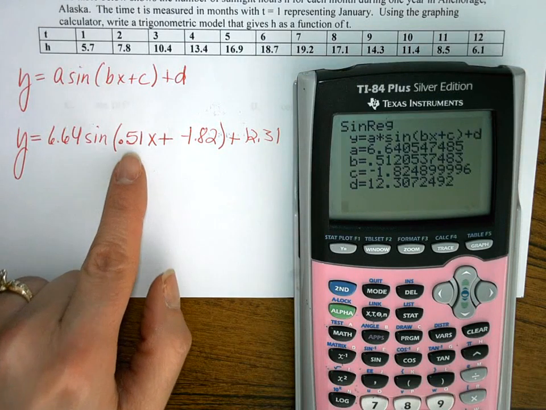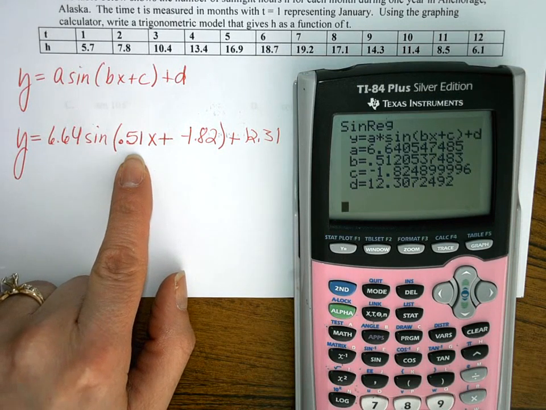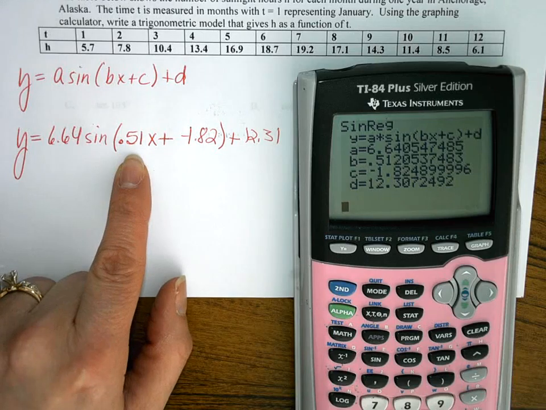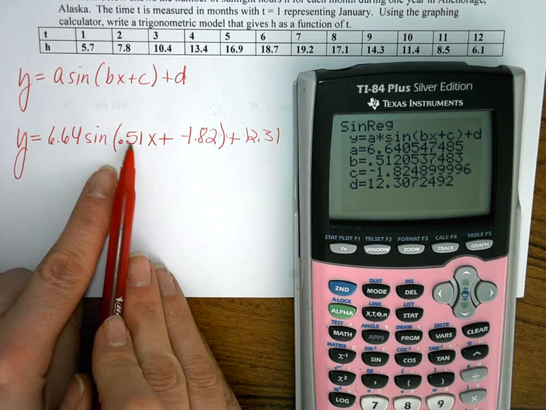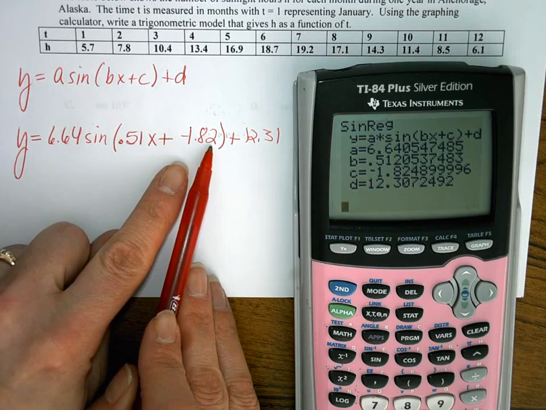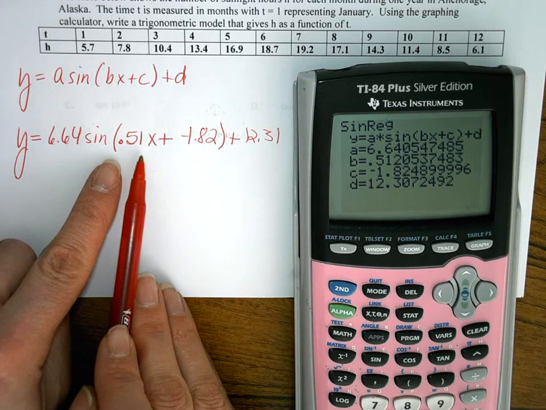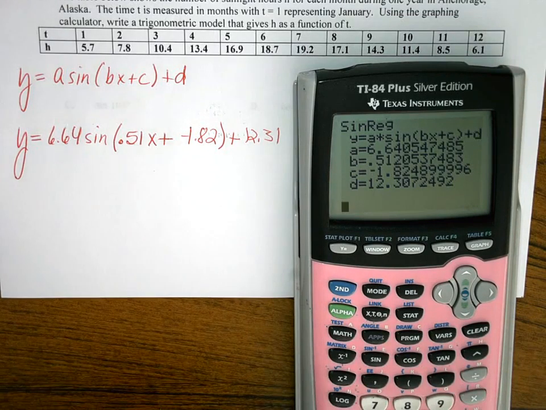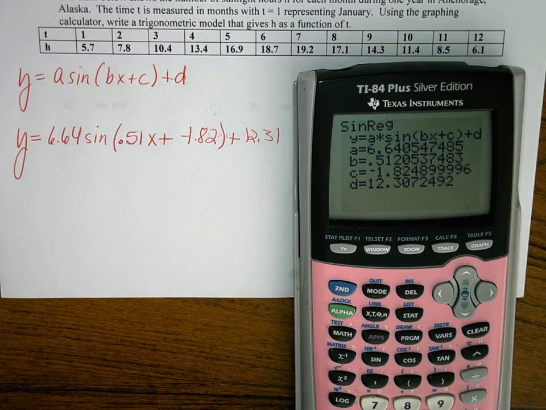If I wanted to truly find my h, what would I need to do? I'd have to divide out the 0.51 and put it all the way in the front. And negative 1.82 divided by the 0.51 is actually what my h value would be. Does that make sense? I am not certain. I have no idea why they do that.